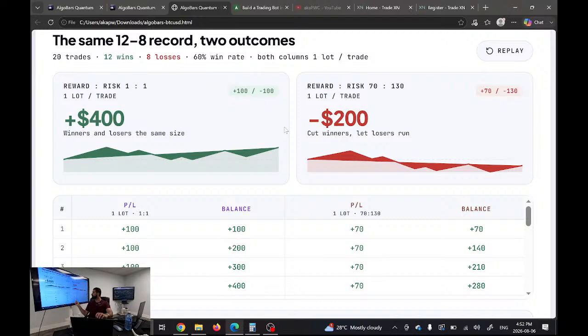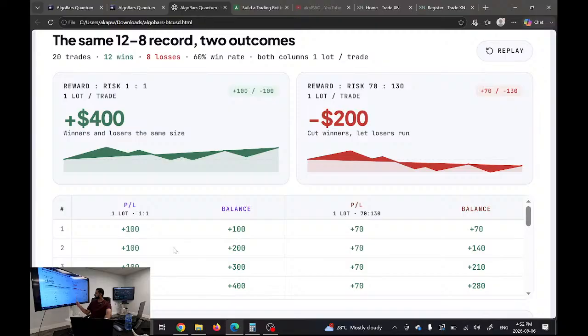In this example, this is me, this is you. Let's say I make $100 profit. We do the exact same 20 trades, 12 wins, 8 losses, 60% win ratio. We both click buy at the same time and exit at the same time. When I make 100, because you're paying minimum 30 pips extra per trade, instead of making 100, you made 70.